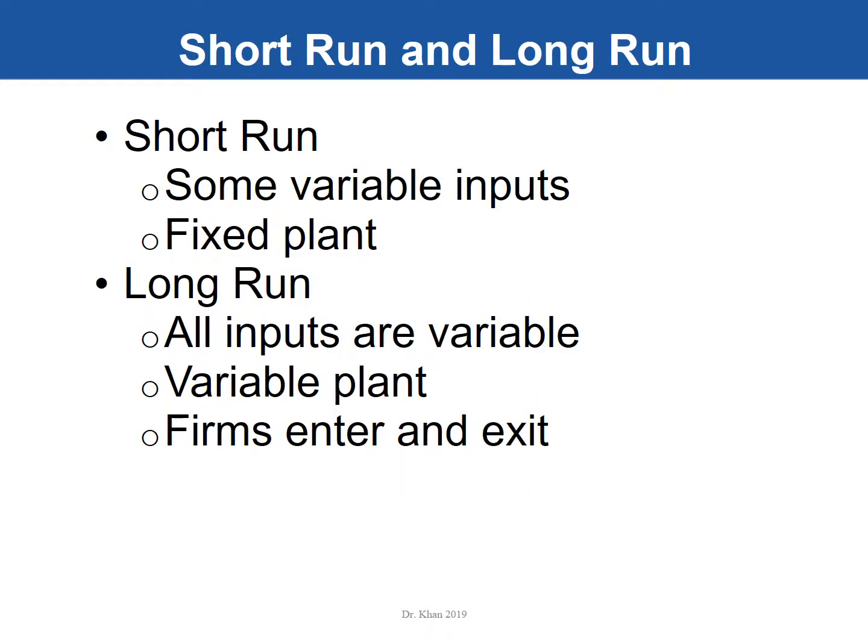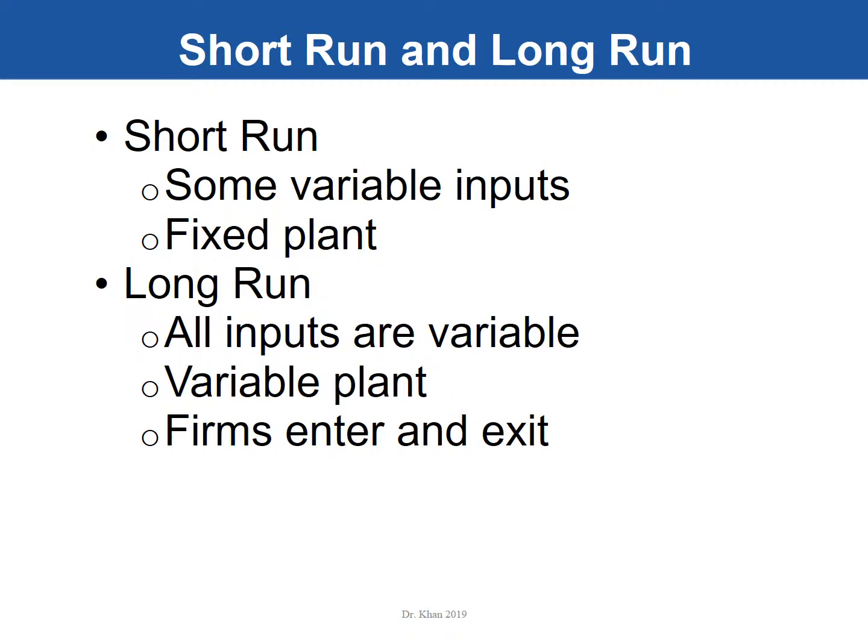And just to let you know that the business owners operate their businesses with some kind of time dimension. A business can be operated in the short run, or a business can be operated over a long run period, right? So what is the distinction between a short run production activity and a long run production activity?